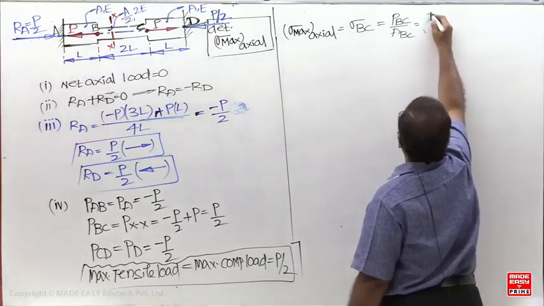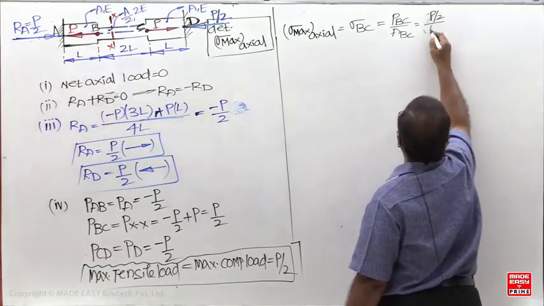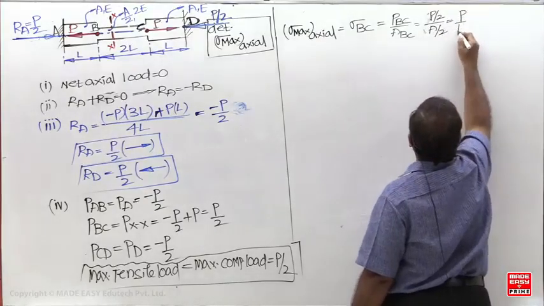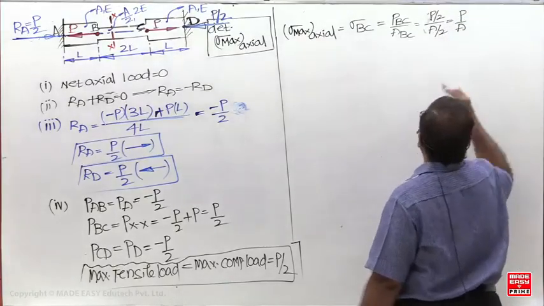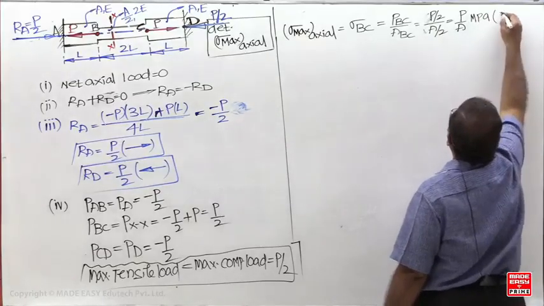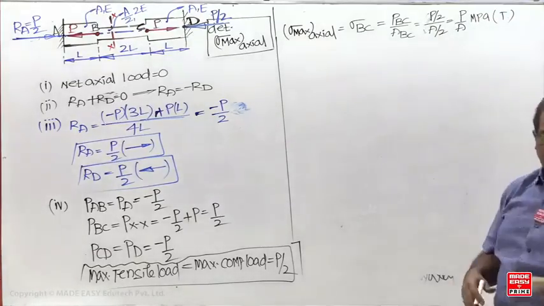Load is P by 2, area is also A by 2, so stress is P by A, tensile.